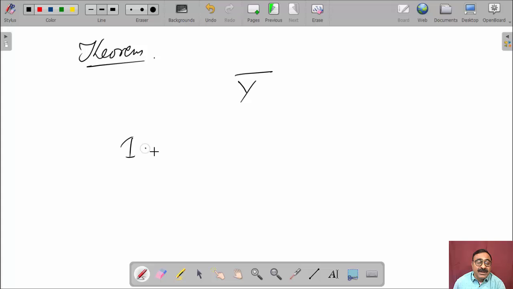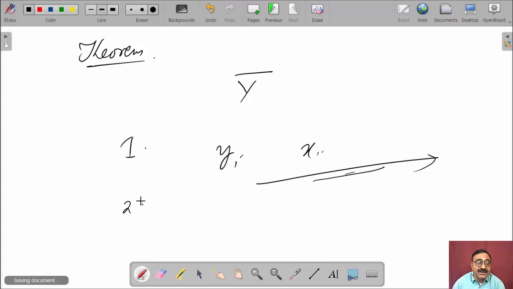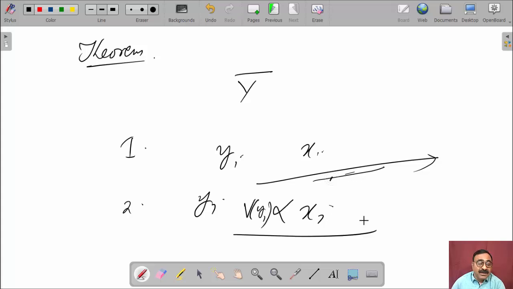One, the relation between y_i and x_i is a straight line through origin. Second condition, the variance of y_i about this line is proportional to x_i. So these two conditions are called the conditions of optimality of the ratio estimator.